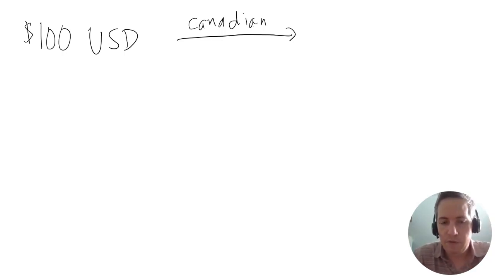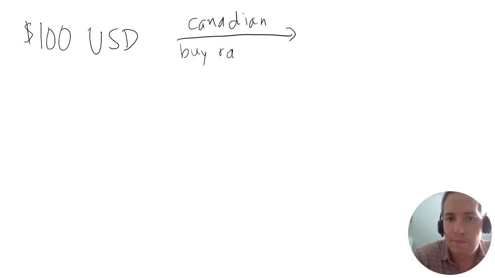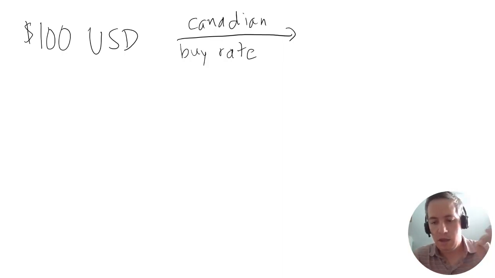Because you're converting it to Canadian dollars, you're going to sell to them. They're going to buy it. So we're going to use the buy rate. You have to think about they are buying, so we're using the buy rate. If they were selling us US dollars, then they would use the sell rate.